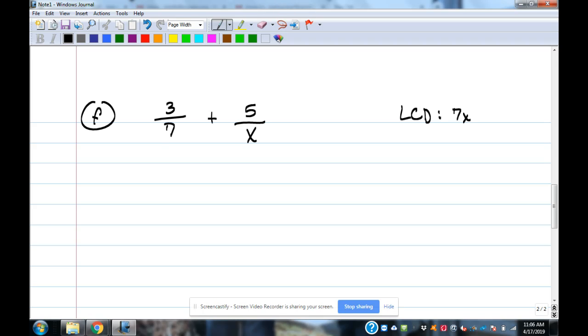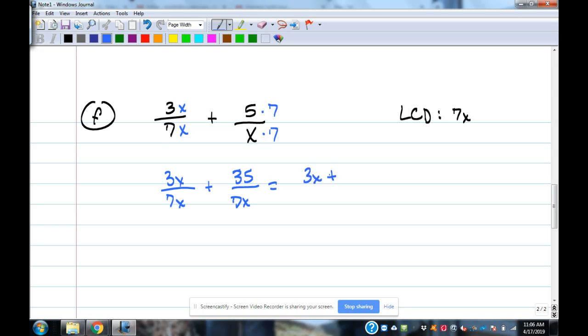So if we're doing it with variables, same idea, right? What do we have to multiply this first fraction by to turn that into a 7x? X. So whatever the bottom gets, the top gets. What do we multiply this one by? 7. Whatever the bottom gets, the top gets. So that's going to be 3x over 7x plus 35 over 7x.